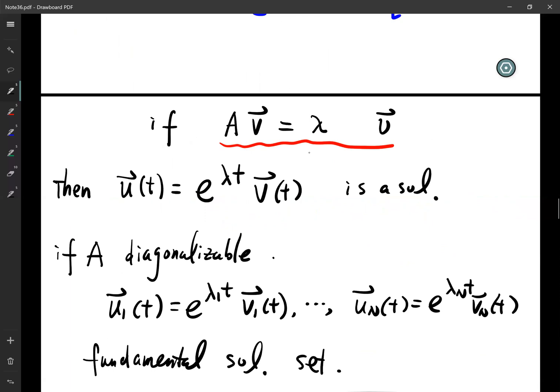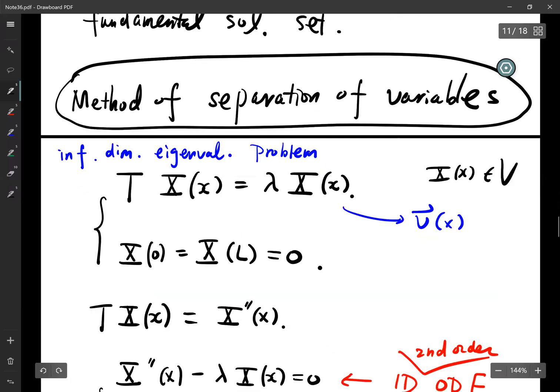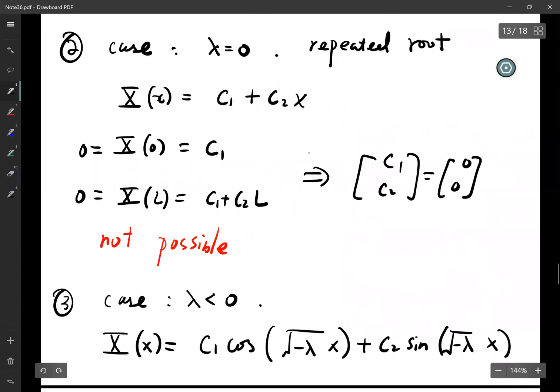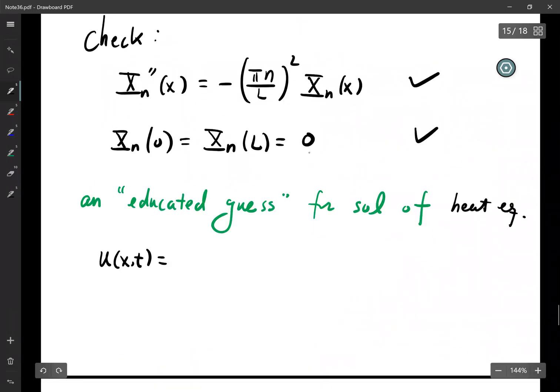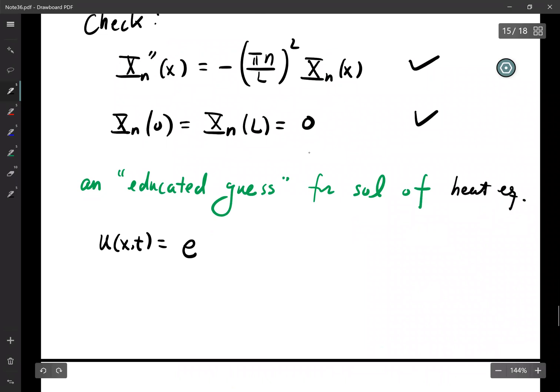The solution must be exponential of this eigenvalue times t, times this eigenvector. So the solution, if I want to make a guess, I still need to verify it later, should be exponential of minus pi n divided by L squared times t, times X_n(x).